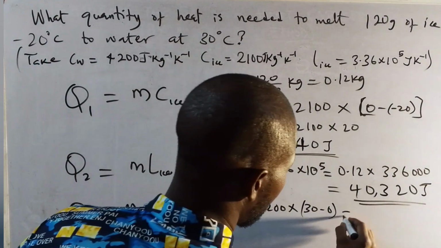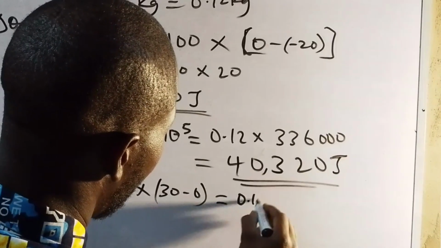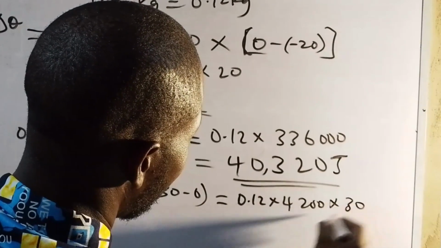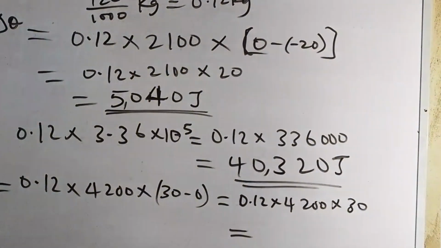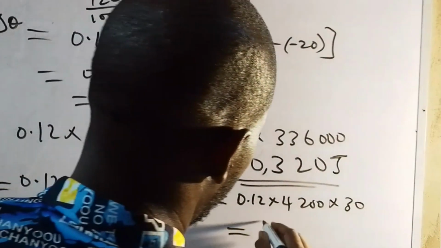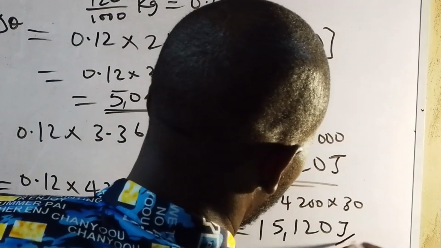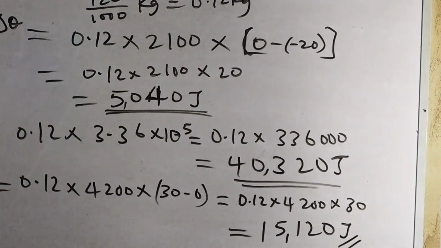So that gives us 0.12 times 4200 times 30, and that is 15120 joules.